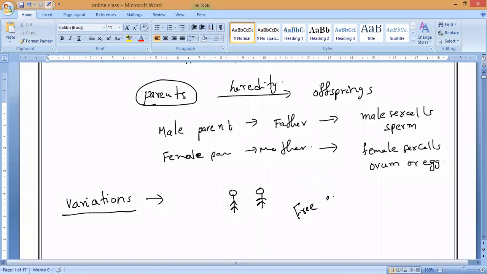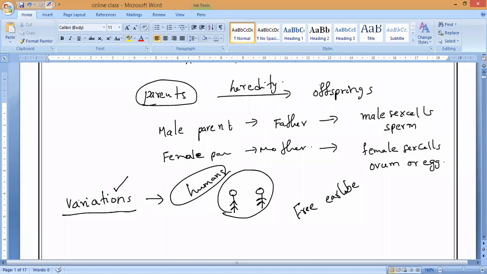So even though we are all considered humans, we have certain differences in our characters. Those differences we call variations.